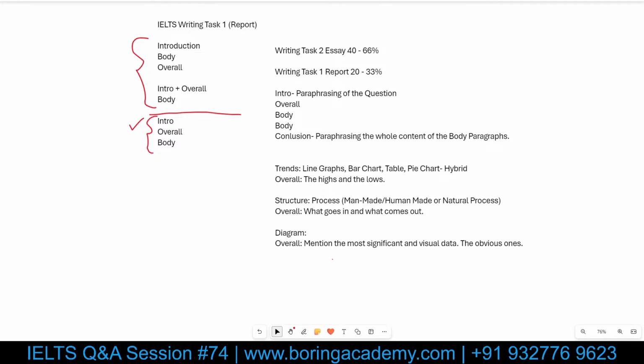Always start with a table, because if you remember your childhood days, you were first taught how to draw a table on Microsoft Excel, and then how to insert a pie chart, a line graph, a bar chart. So you need to first understand data with the help of tables, and then you can learn line graphs, bar charts, and pie charts.